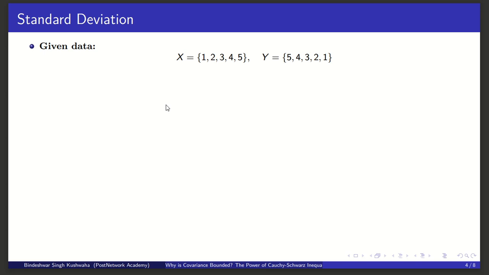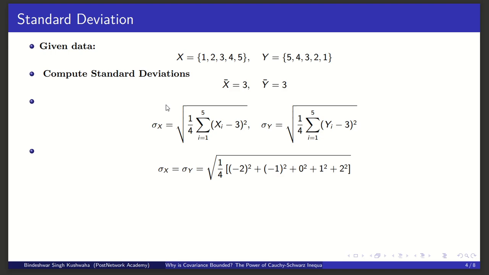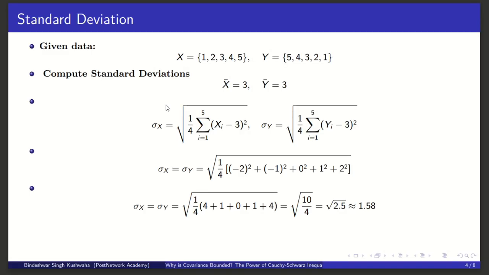So if I take data 1, 2, 3, 4, 5 as x, and y is just the opposite. If you compute the standard deviation, sigma x and sigma y would both be equal to 1.58, because the order here doesn't matter.